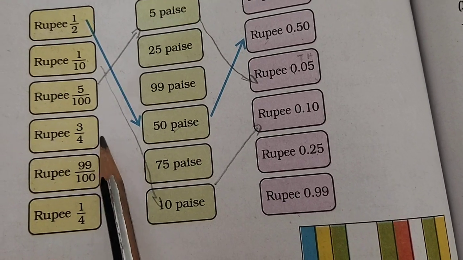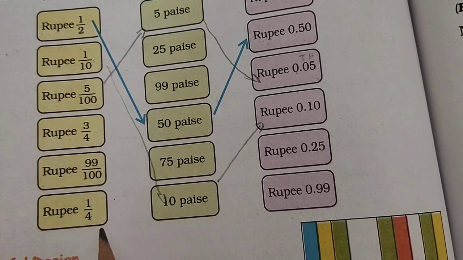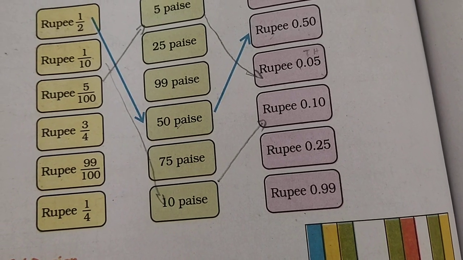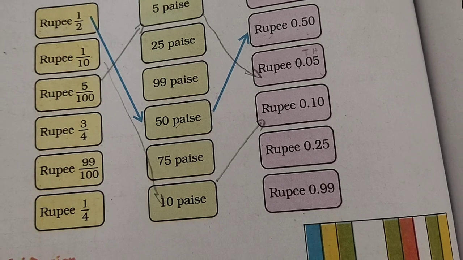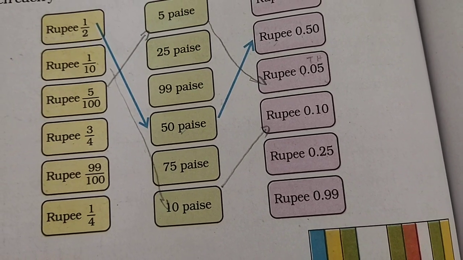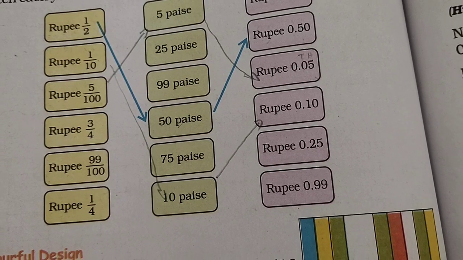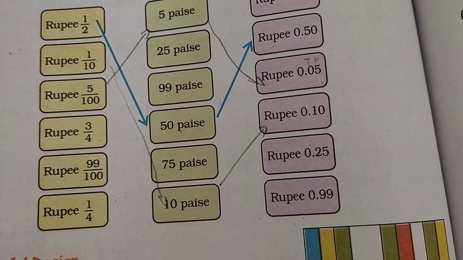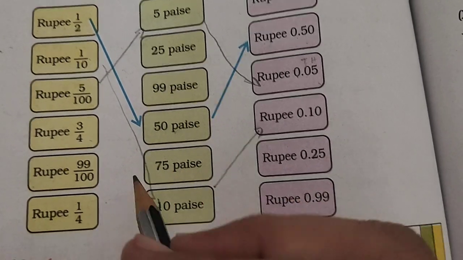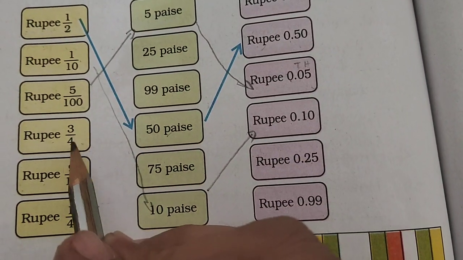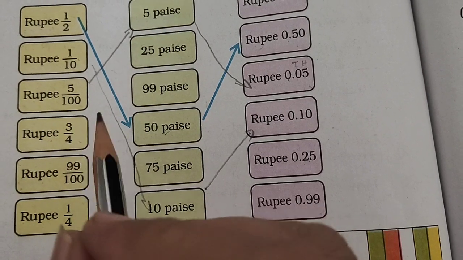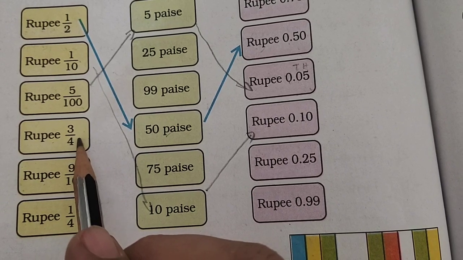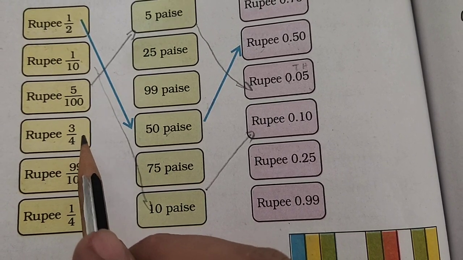Now 3/4. Now 3/4 of the amount. 3/4 will be how much amount of money? 3/4 of a rupee. The total parts are 4 and we are supposed to take 3/4 of the rupees. If you want to calculate, we can make it simple via equivalent fractions. When we are calculating rupees, the base value is 100 because it is 100 paisa.